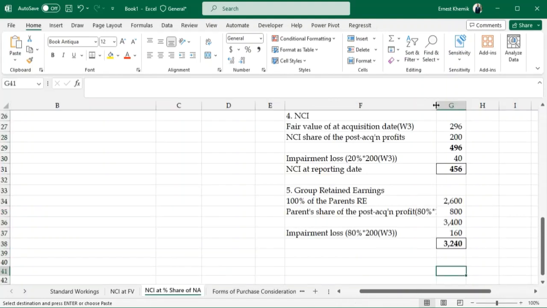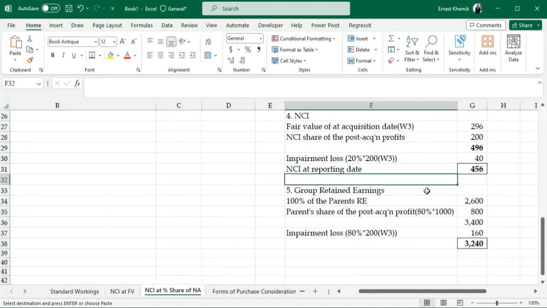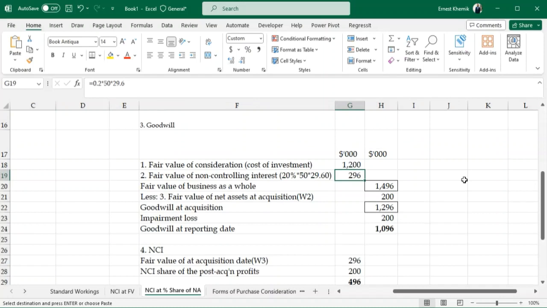Let me quickly expand this. The other workings are going to remain the same, so we are not going to do anything about them.